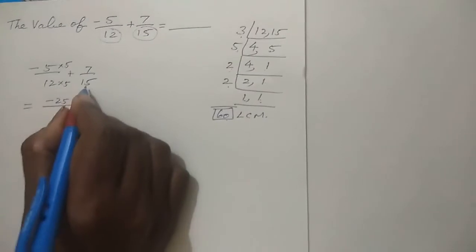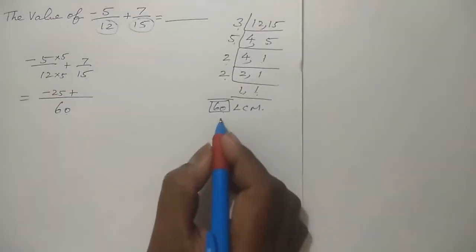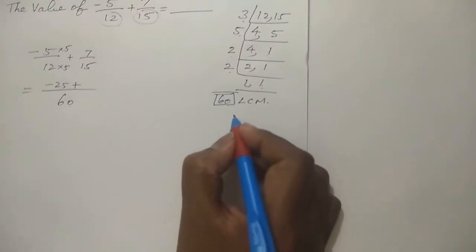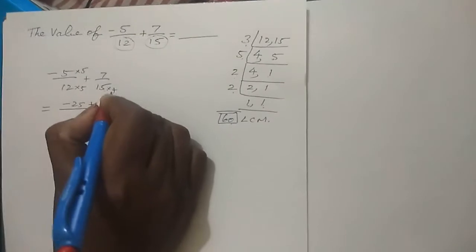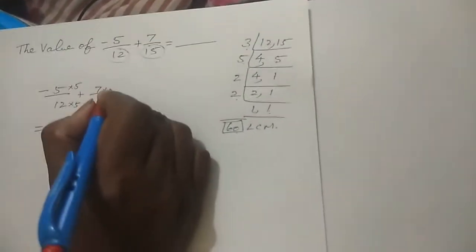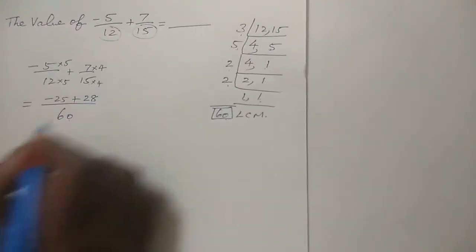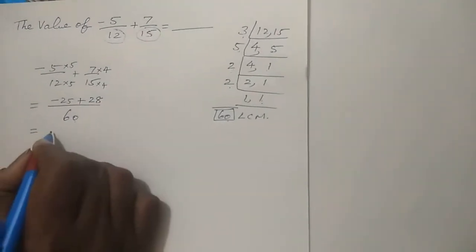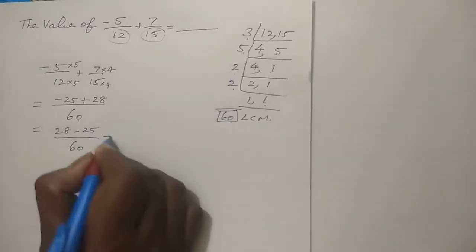Plus here we have 15. To get 60 you multiply by 4, so 15 4s are 60, and multiply the numerator also by 4, so 7 4s are 28. So we got 28 minus 25 by 60.